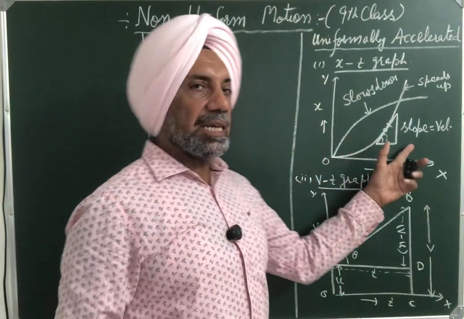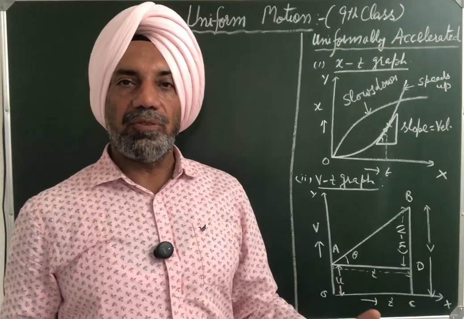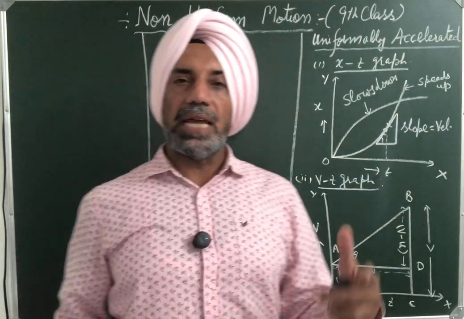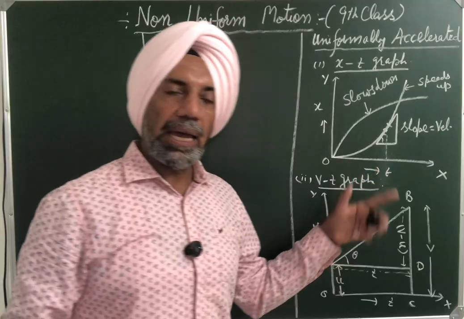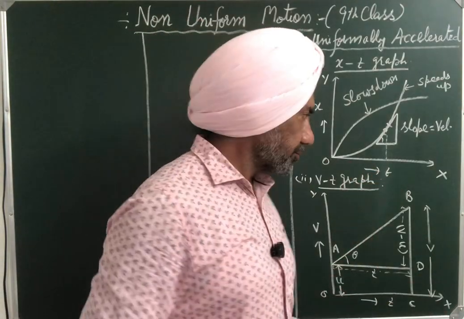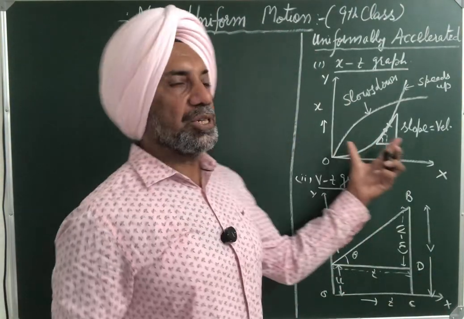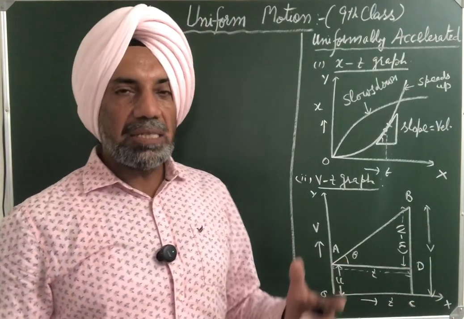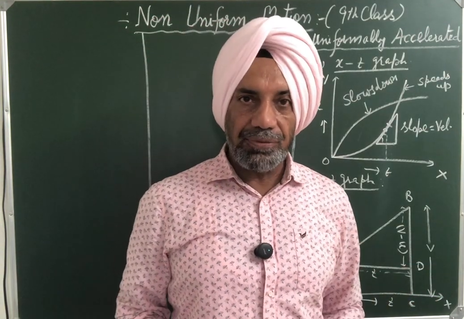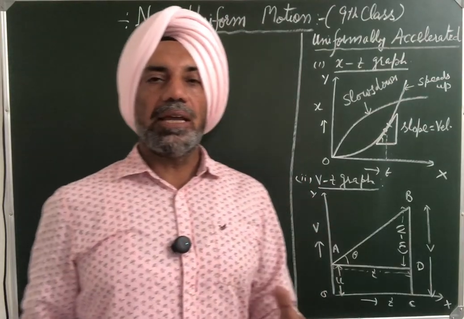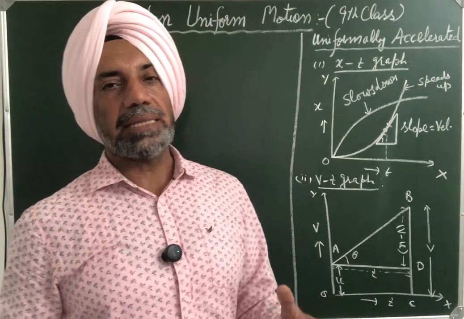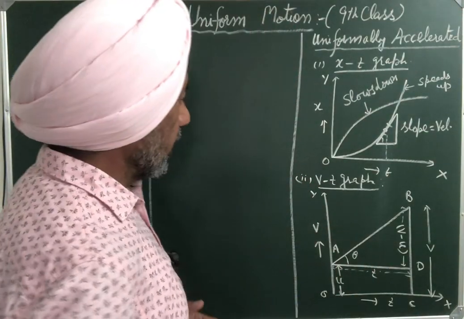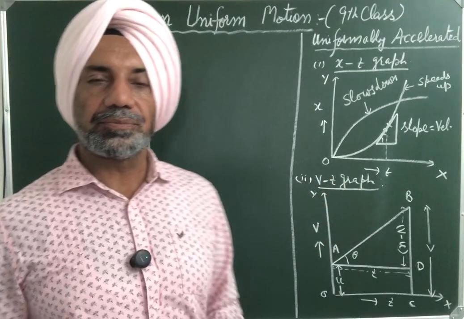So we can find instantaneous velocity at any time by finding the slope of the tangent to the parabola at that particular time. So this is the importance of the position-time graph. It means the slope of the position-time graph at any instant will give you the velocity of the body at that instant. Next is the velocity-time graph.